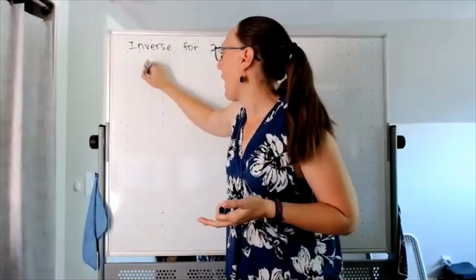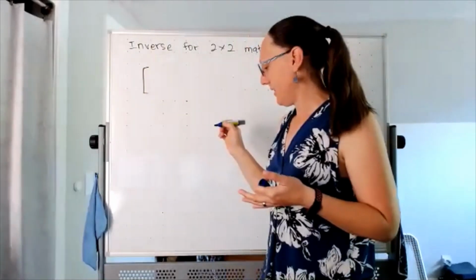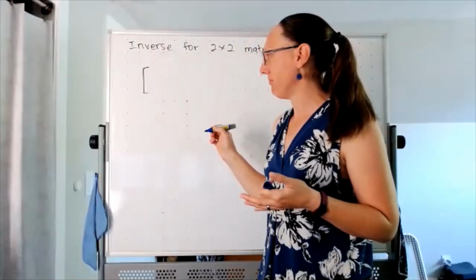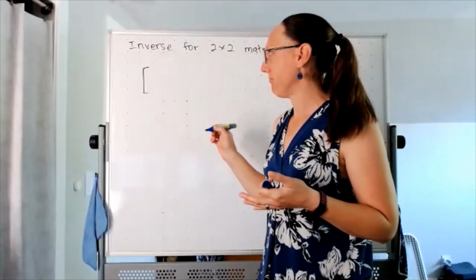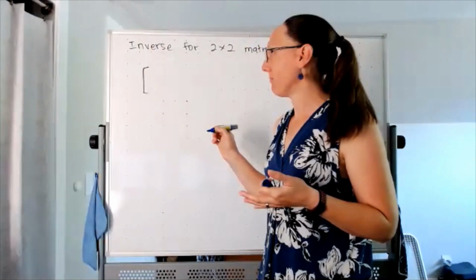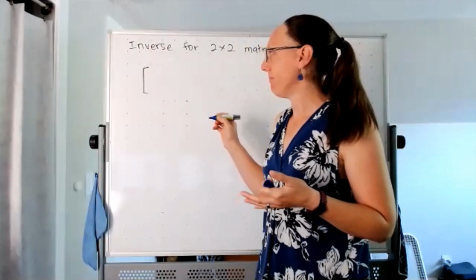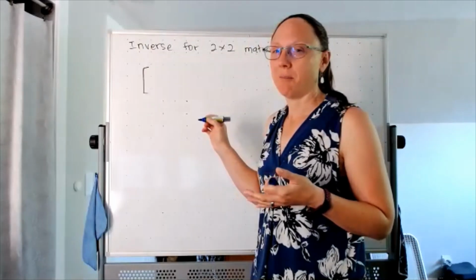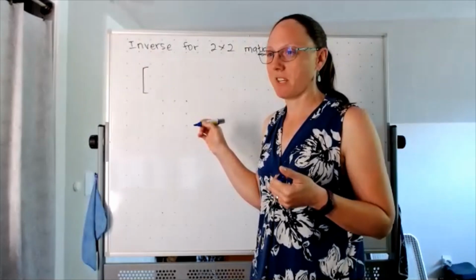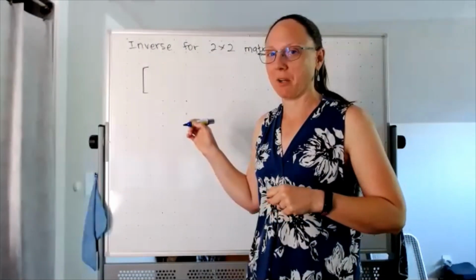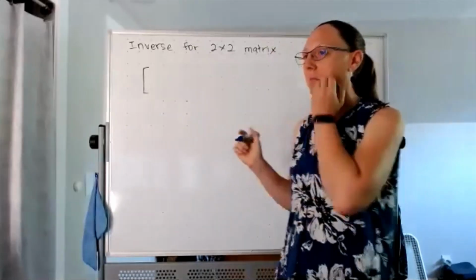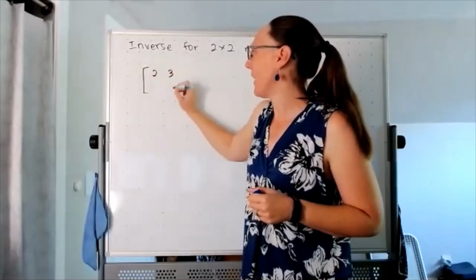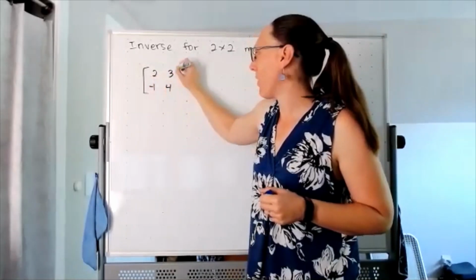Maybe I want to do it with some numbers first, and then we'll go back and talk about it with some letters. So let's say that I have the matrix 2, 3, -1, 4.